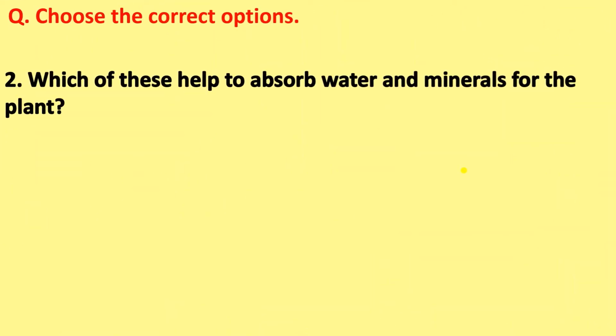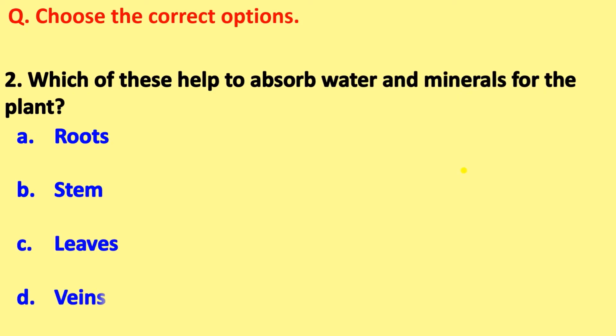Question number 2. Which of these help to absorb water and minerals for the plant? Option A is roots, B is stem, C is leaves, and D is veins. The answer is roots.